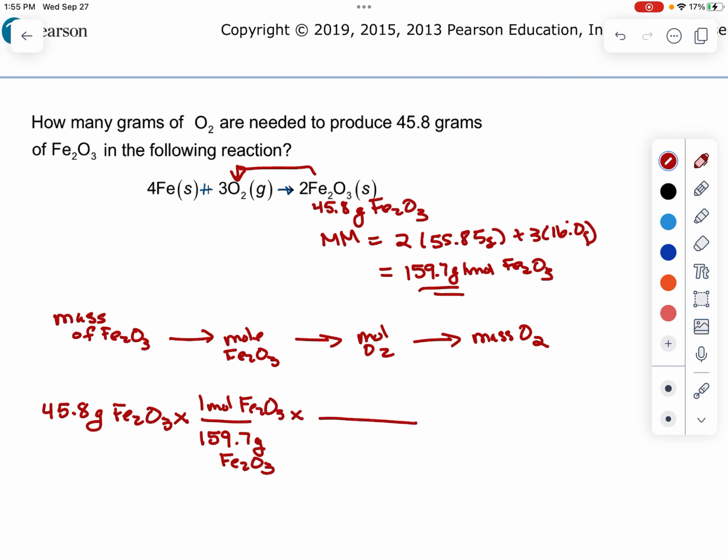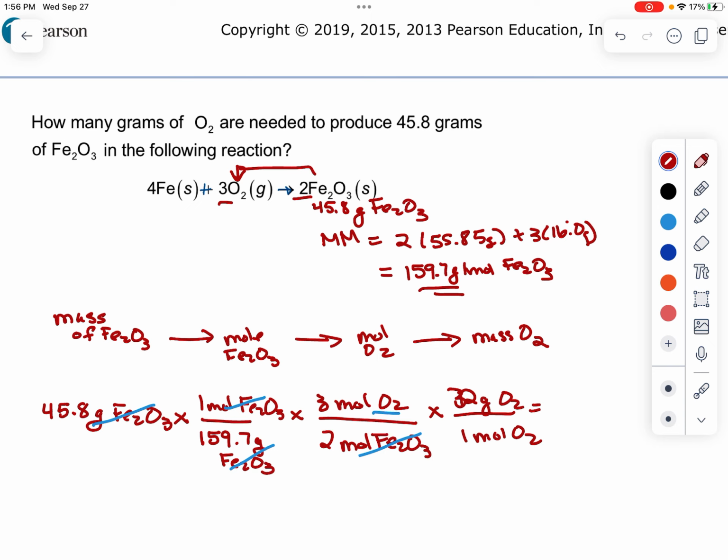And then I need to do the mole-to-mole relationship, and that's going to be based on the stoichiometric coefficients. And then I'm going to go from moles of O2. Let me just cancel what I can cancel. Grams of Fe2O3, cancel moles of Fe2O3. So right now I have moles of O2. And 1 mole of O2 gives us 32 grams of O2.